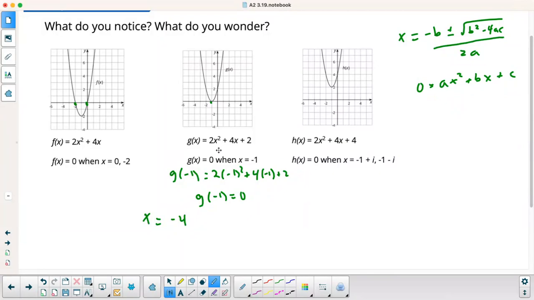So a is 2, b is 4, c is 2. Negative b plus and minus the square root of 4 squared minus 4 times 2 times 2, all over 2 times 2.